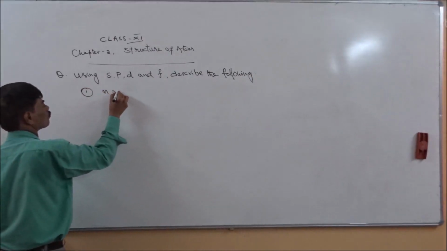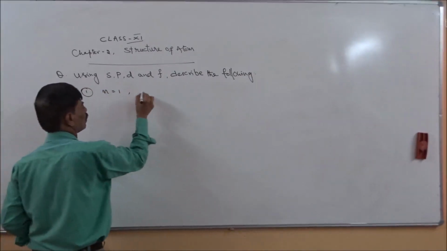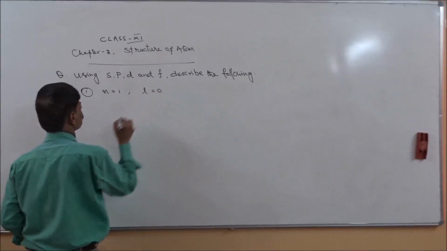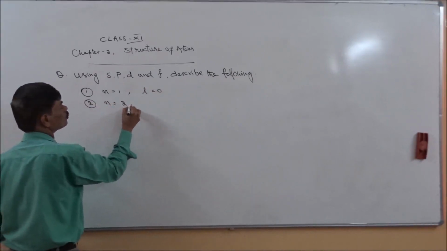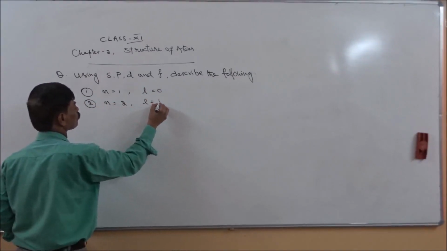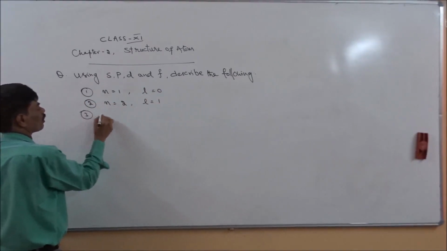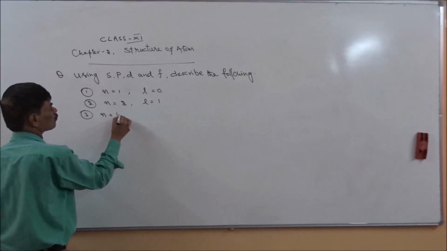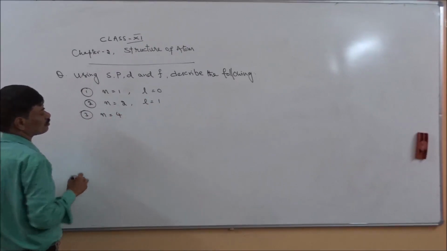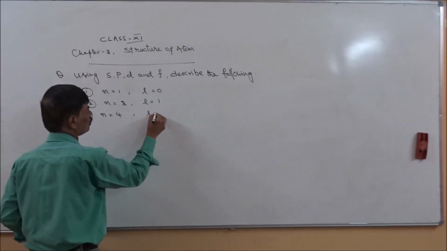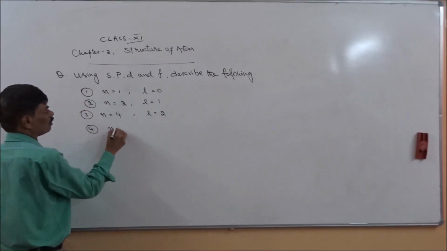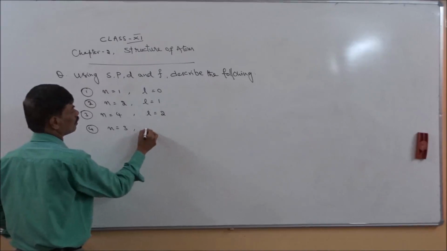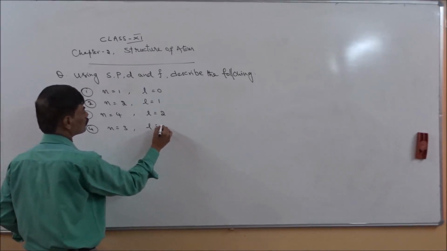N is equal to 1, L is equal to 0. Number 2. N is equal to 2, L is equal to 1. Number 3. N is equal to 4, L is equal to 2. Number 4. N is equal to 3, L is equal to 1.